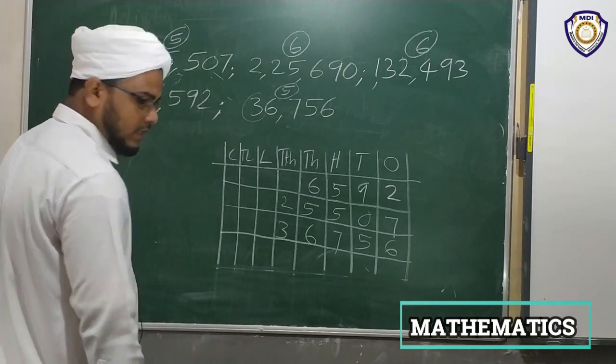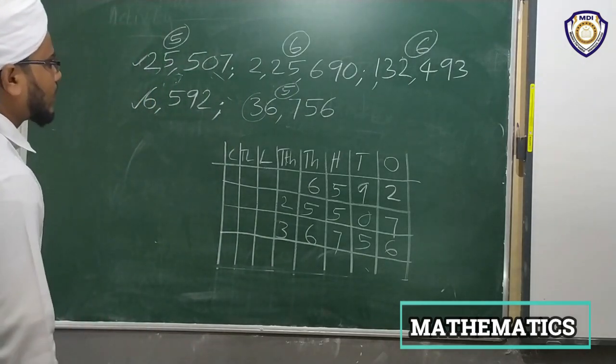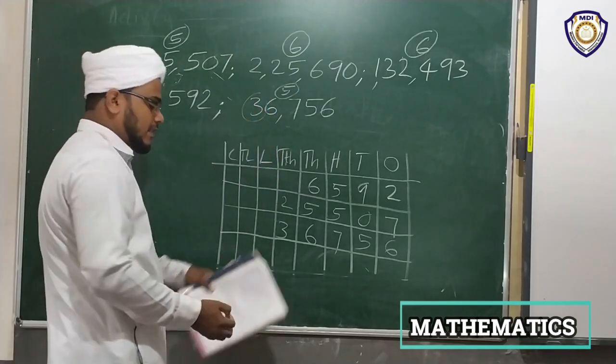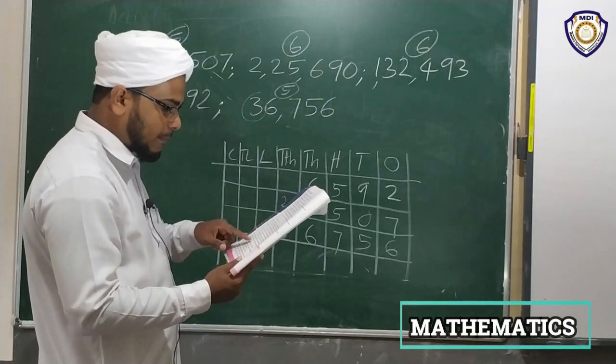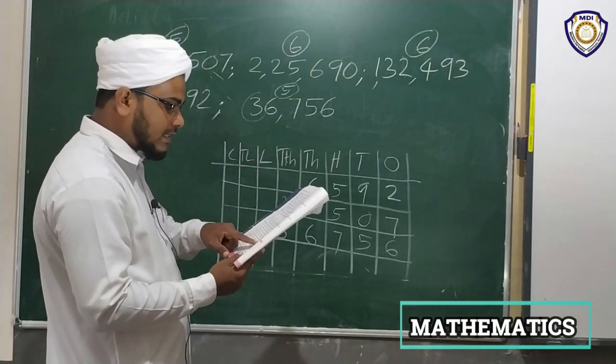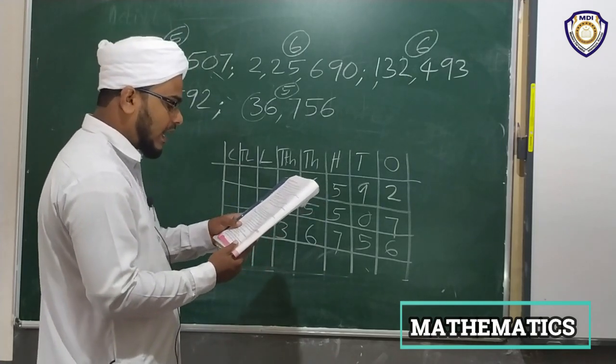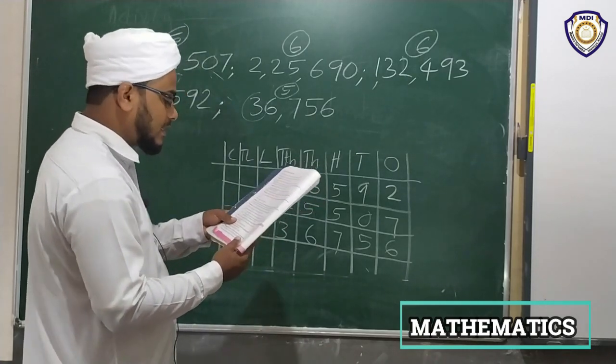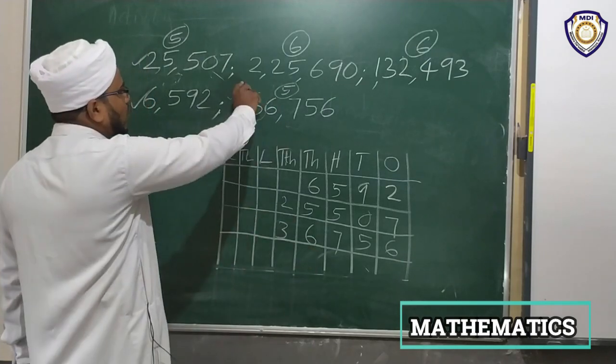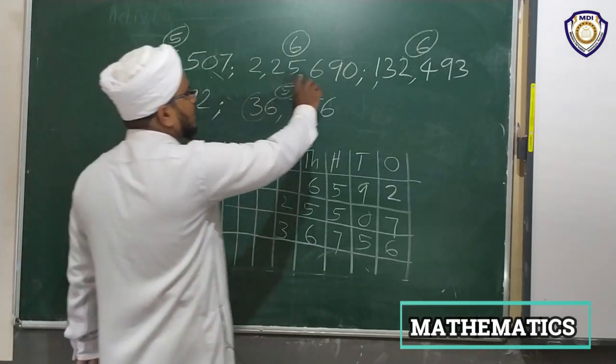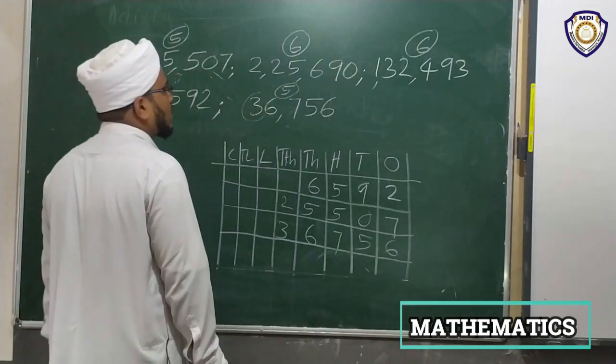Next, what will we do? We have to take step 3. The number with the largest number of digits is largest. So these numbers have the same digits.